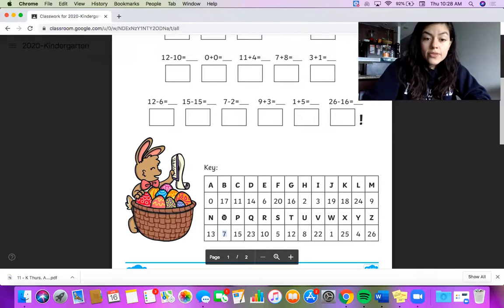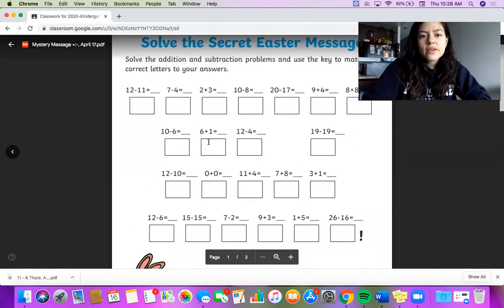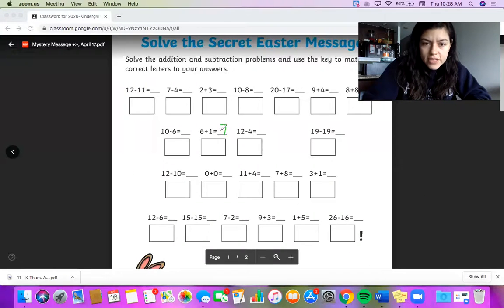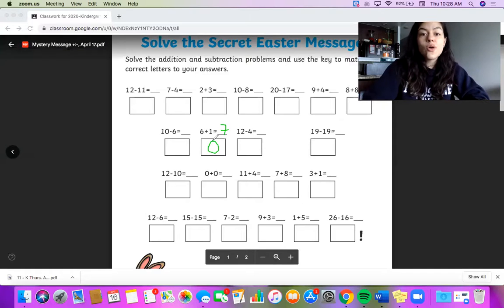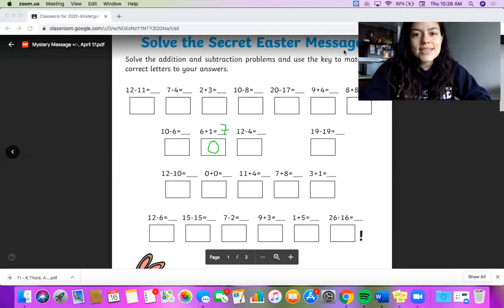So the letter that goes with 7 is O. So I would put in the answer is 7 here. And every time I have 7, it's going to be the letter O. Okay? So every time you solve and you get a number, that number has its own letter. You fill in all the letters, and there's going to be a secret Easter message.